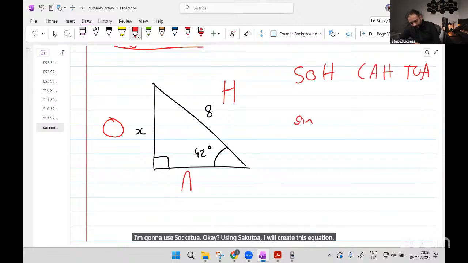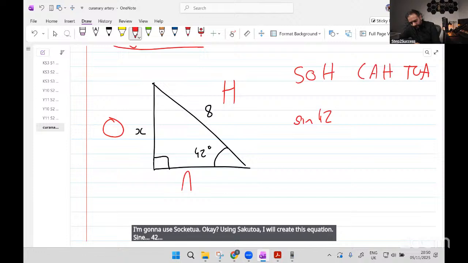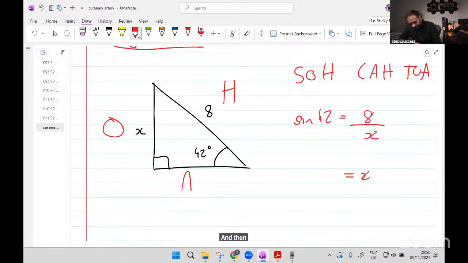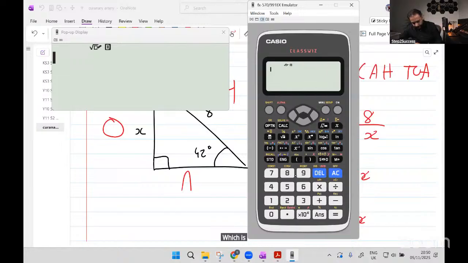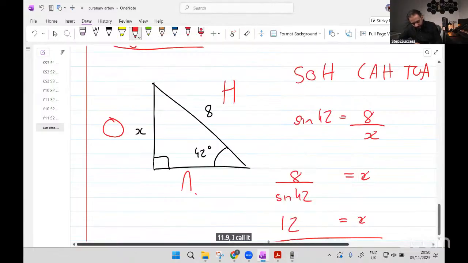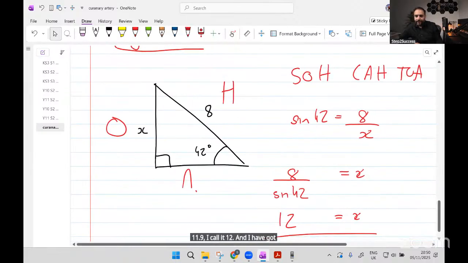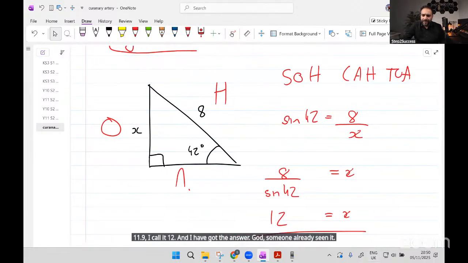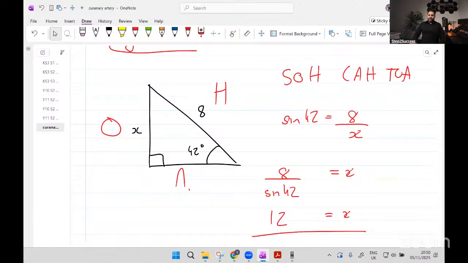Sine 42 equals 8 divided by x, and then x is going to be 8 divided by sine 42, which is 11.9, call it 12. And I have got the answer. God, someone already seen it. Let me know what I did wrong there.